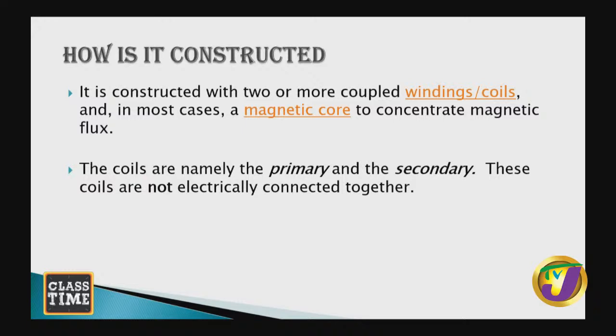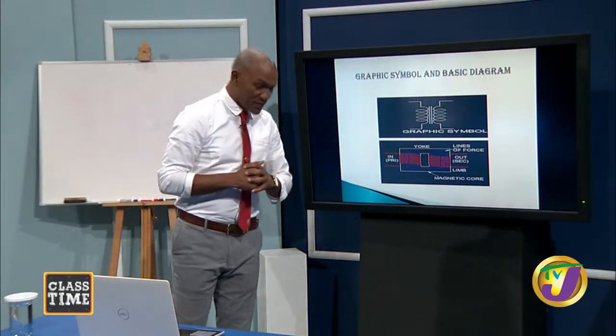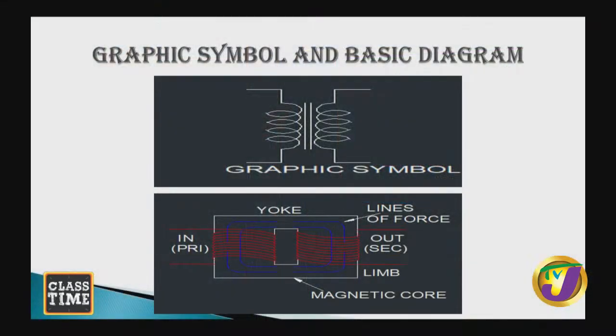Moving on. Graphic symbol and basic diagram. So we look at the graphic symbol for a transformer. This is what you draw if you're asked to draw a graphic symbol to represent a transformer. However, if you're drawing this symbol in a circuit diagram, bear in mind when you come to the board, this would be your symbol for your transformer.